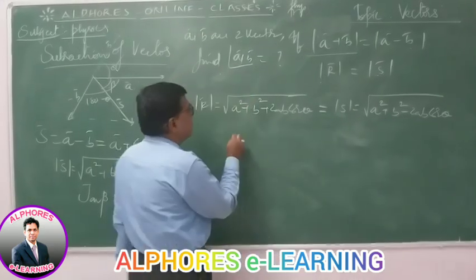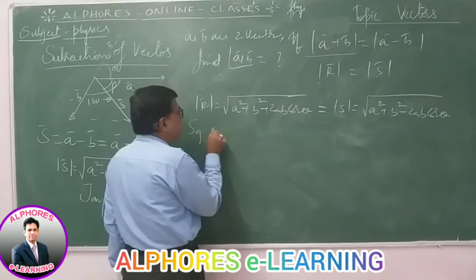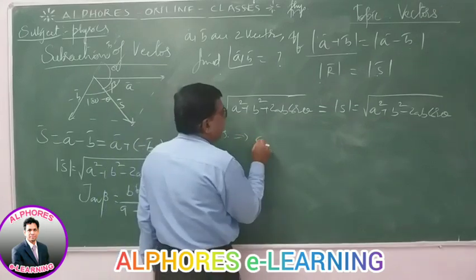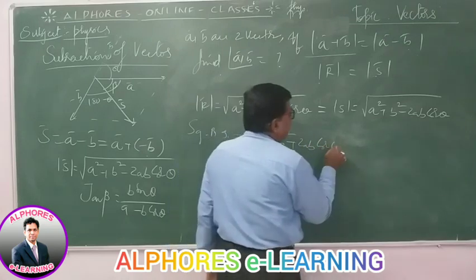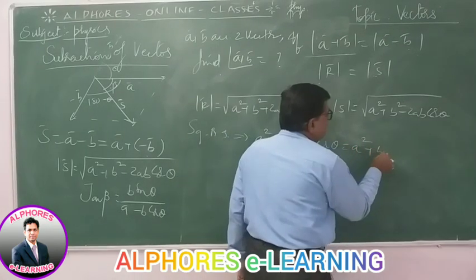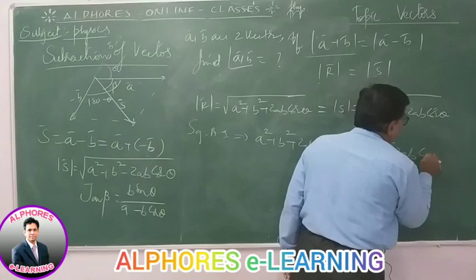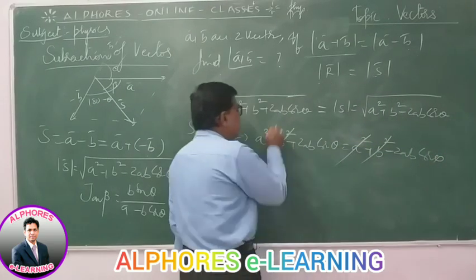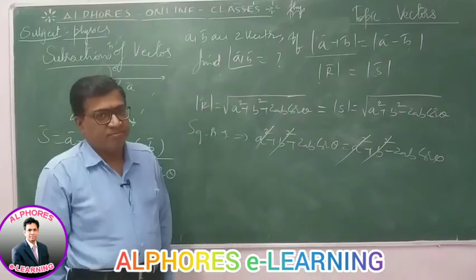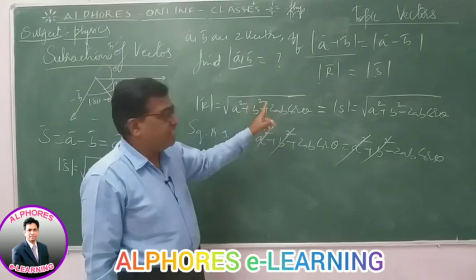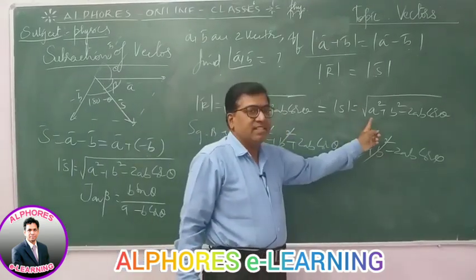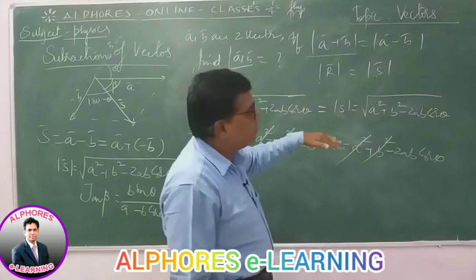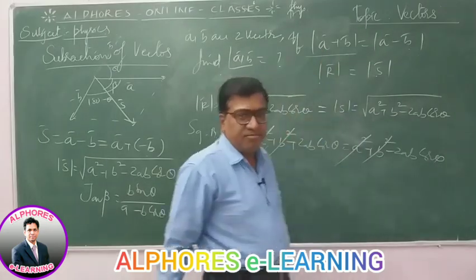Squaring on both sides, we get A square plus B square plus 2AB cos theta equals A square plus B square minus 2AB cos theta. A square, B square cancel. The addition resultant is A square, B square plus 2AB, and the subtraction resultant is A square, B square minus 2AB. In our question it is given that both are equal.